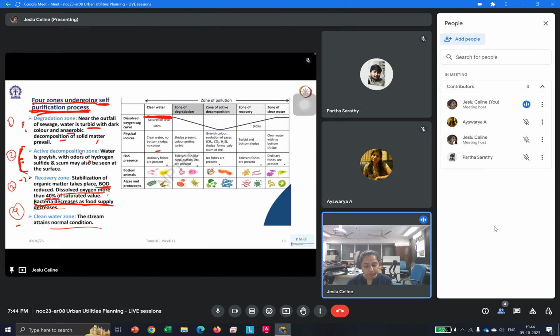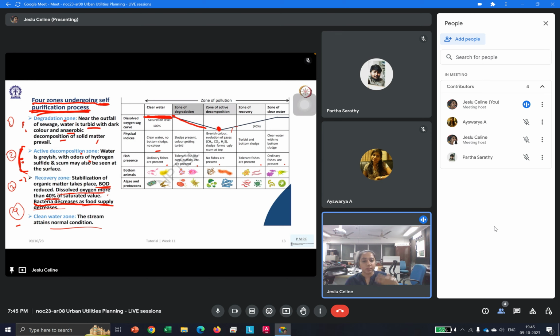Then in the degradation zone, it slowly reduces. When it comes to the zone of active decomposition, it's the minimum. Why? Because this is where all the oxidation processes are happening, so the dissolved oxygen in that zone is less.